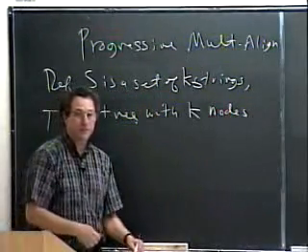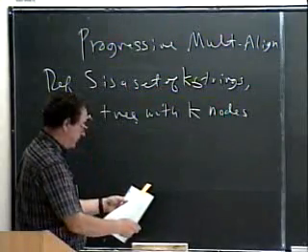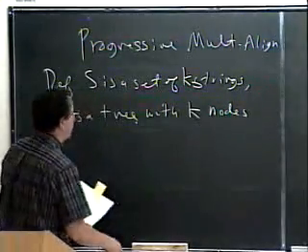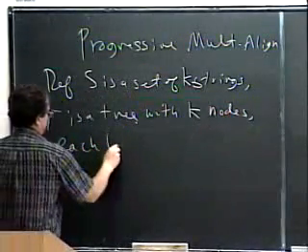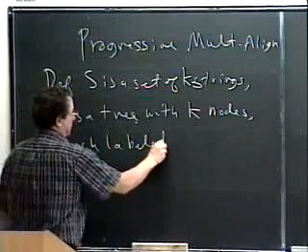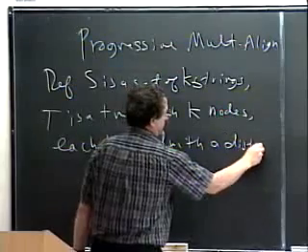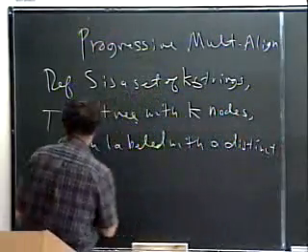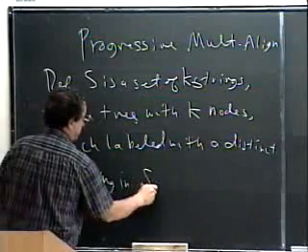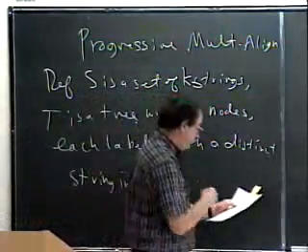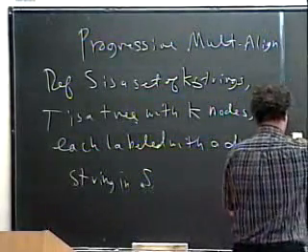Last time I might have been saying points, but node is another word for point. And each node is labeled with a distinct, that means different, string in S. Okay, so I'll finish this definition in a minute, but I want to remind you of the example that we had.